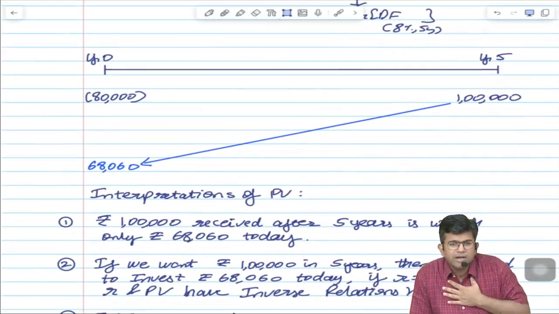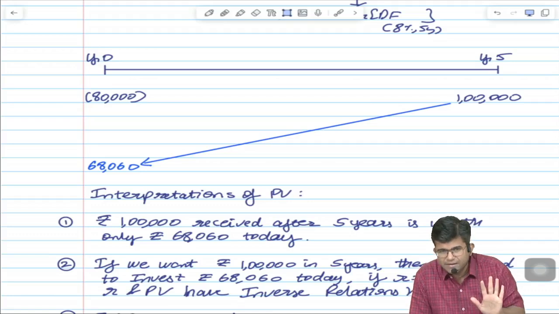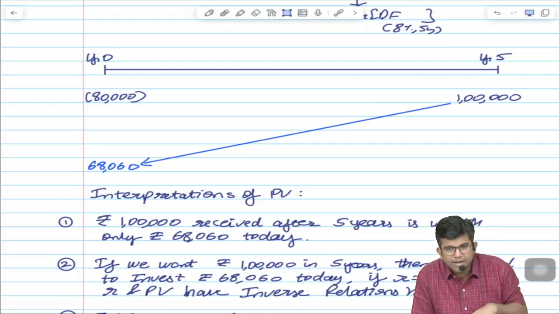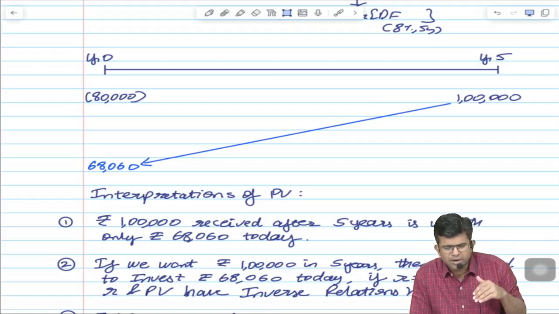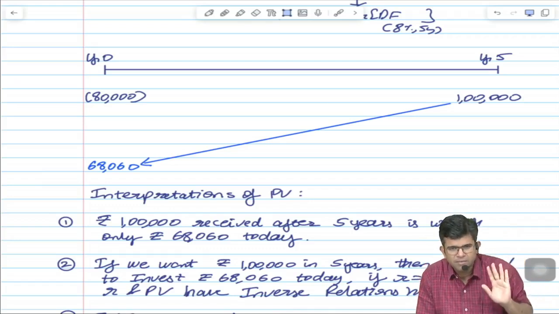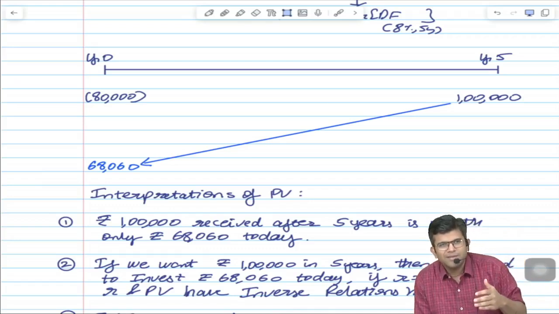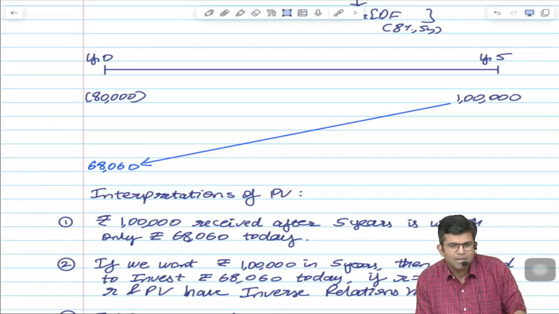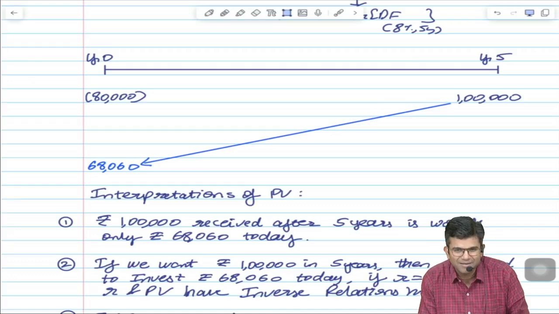See, I want 8% return. Considering that I can maximum give you 68,060 today, because 68,060 plus 8% plus 8% plus 8% plus 8% plus 8% is 1 lakh. You are understanding?